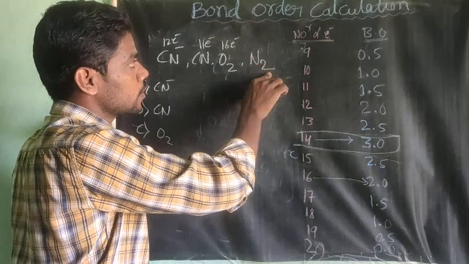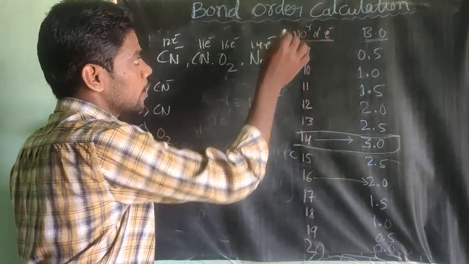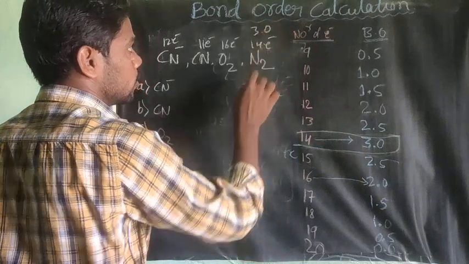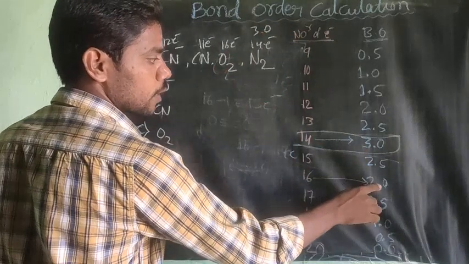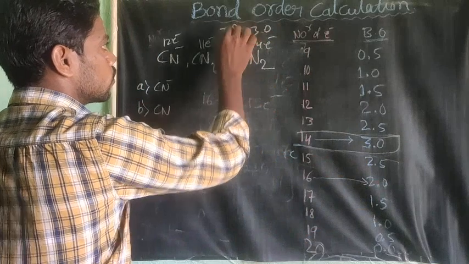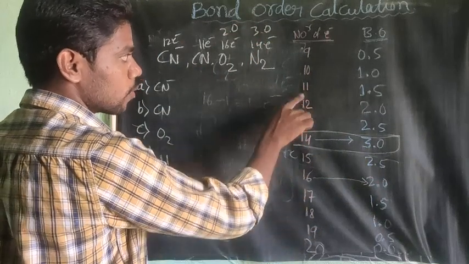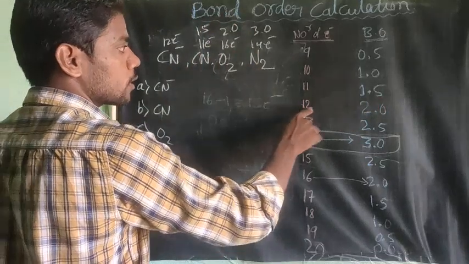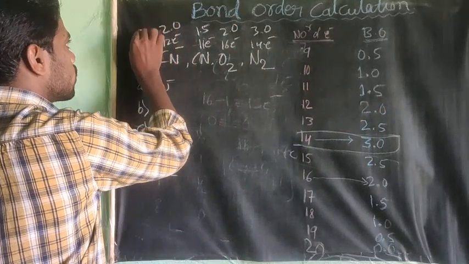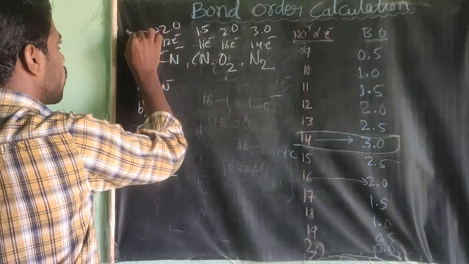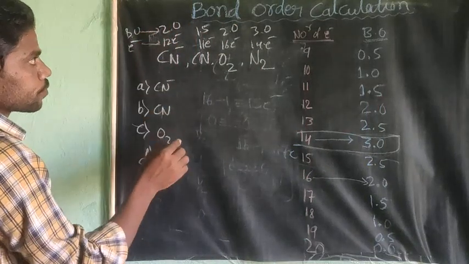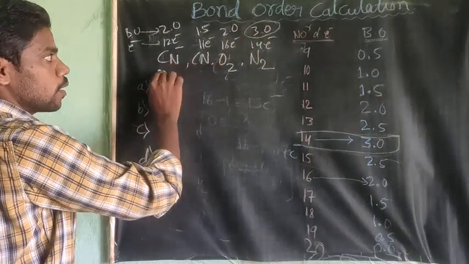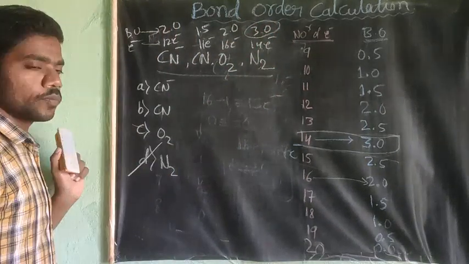N2 means 7 plus 7, 14 electrons. Now write the bond order. 14 electrons means bond order is 3.0. O2 with 16 electrons is 2.0. 11 electrons means 1.5 bond order. 12 electrons means 2.0. Therefore, the highest bond order among these 4 molecules is N2.